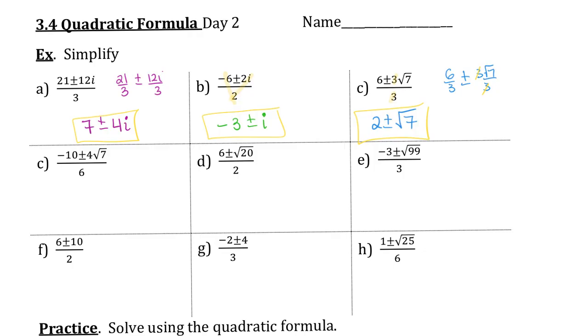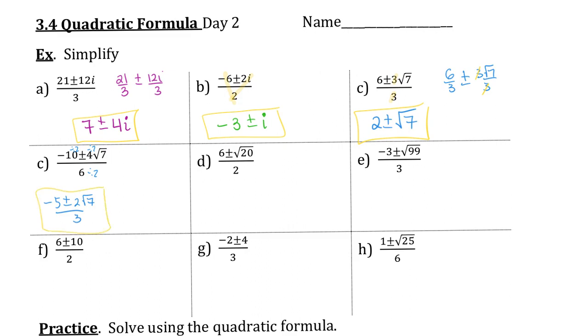Now let's look at the next one. Negative 10 over 6. That doesn't divide, but I could simplify it. I could divide them both by 2. If I divide these by 2, I need to also divide this by 2. So if I divide by 2, divide by 2, divide by 2, that goes to negative 5 plus or minus 2 square root 7 divided by 3.